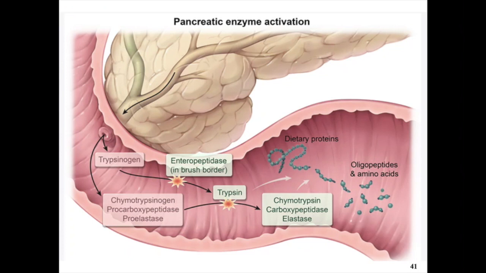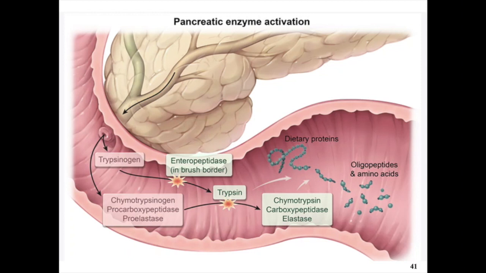So let me just talk about the pancreatic enzymatic activation. Again, the protein digesting enzymes are produced in an inactive form. So we'll have trypsinogen. Trypsinogen is the first enzyme to be activated.